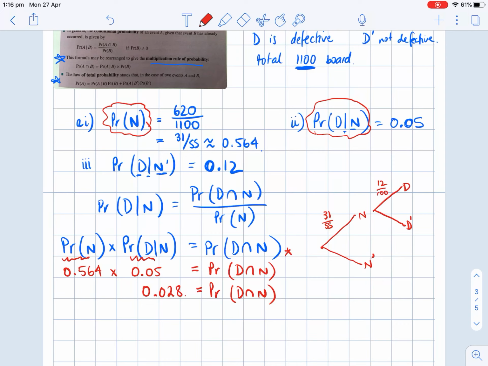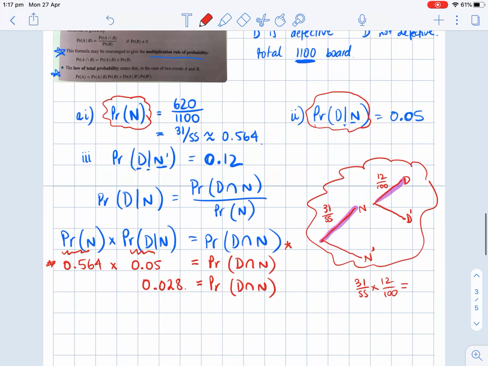So how do I put those two things together to work out the probability of both of these happening? If I follow that path, I need to do 31 on 55 times 12 on 100, and that's exactly what I did over here already. So I'd get the same answer. So I can see it with the tree diagram, or I can use this rule to help me out as I go along.